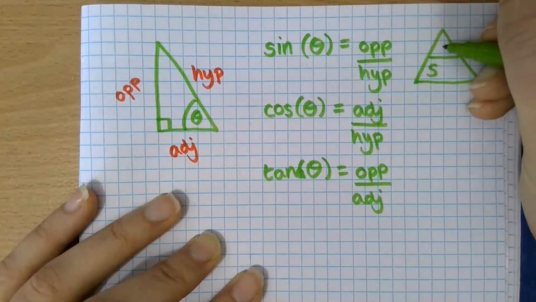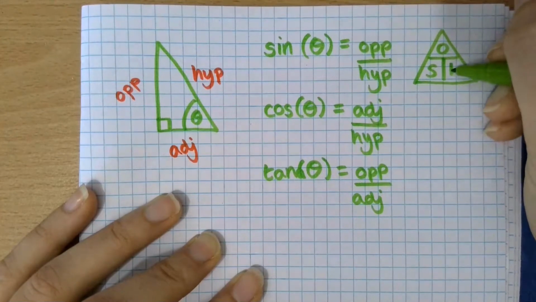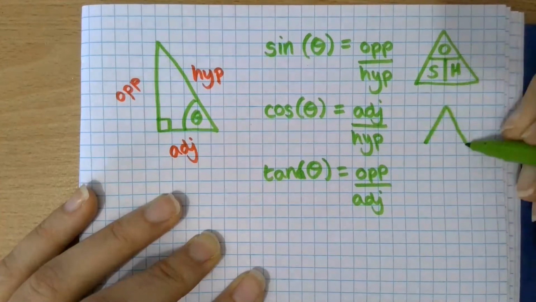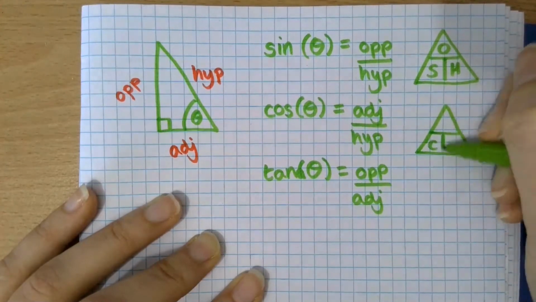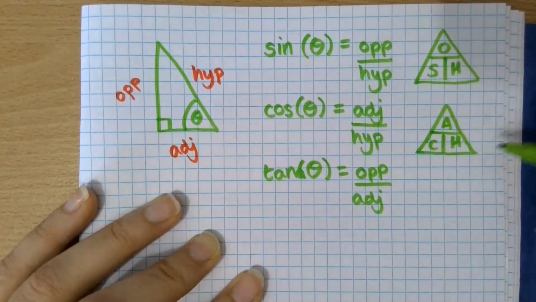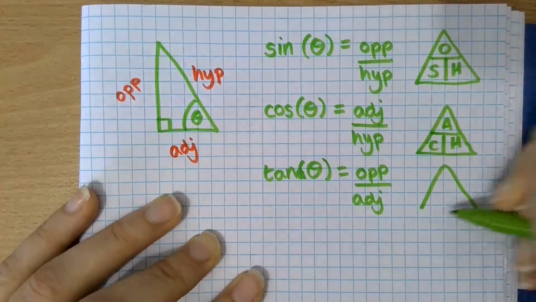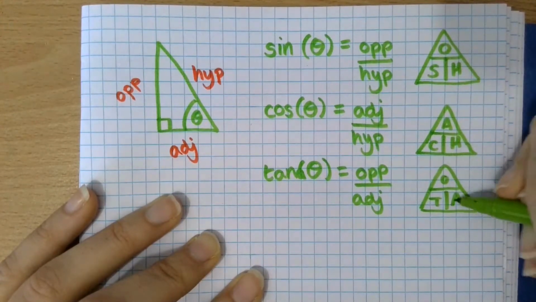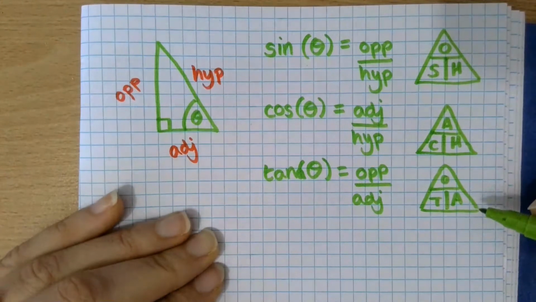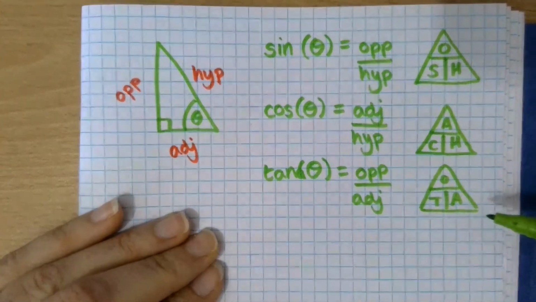So sin, O, H, CAH, and TOA. If you prefer to remember the formula triangles, that's absolutely fine.